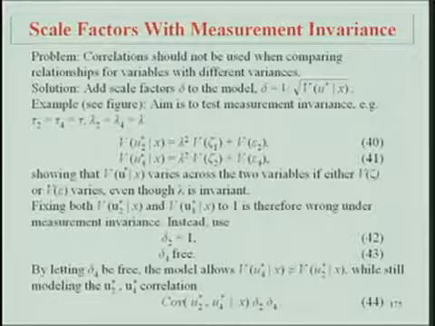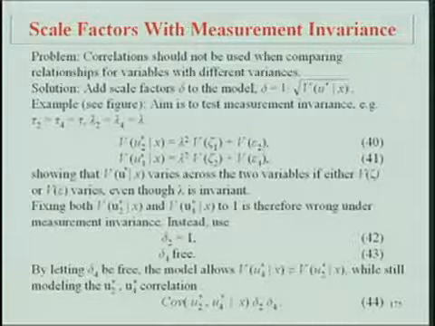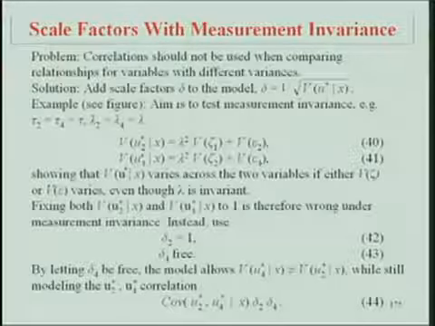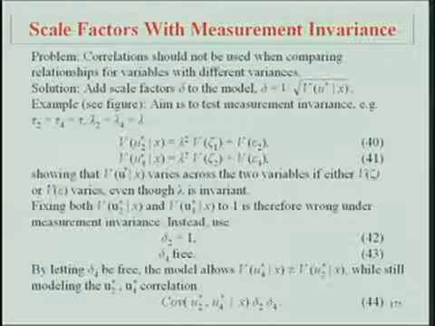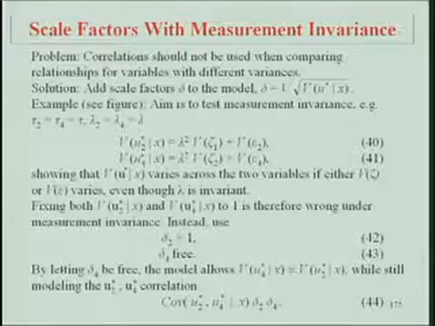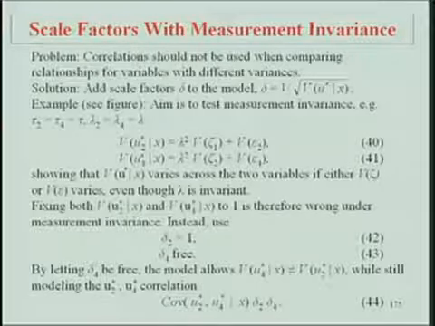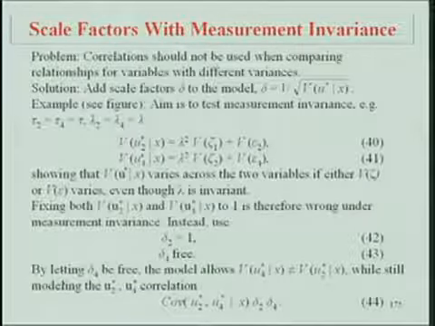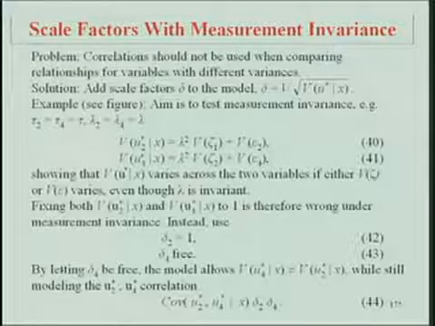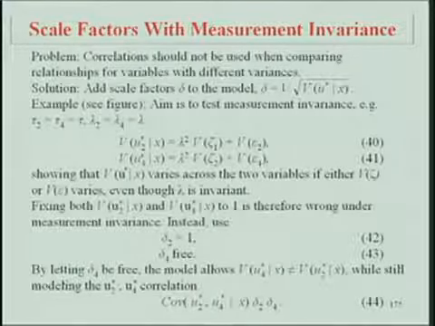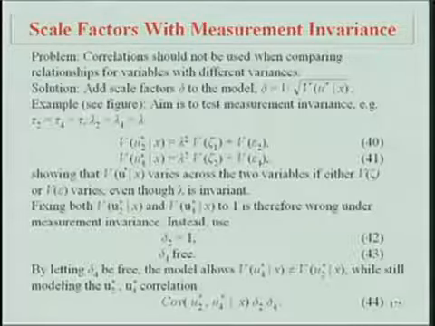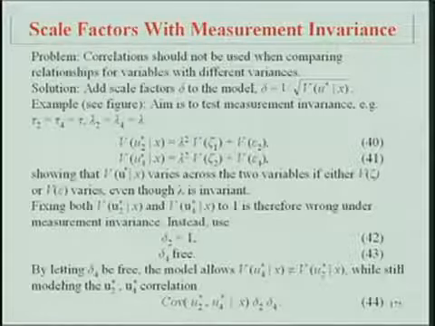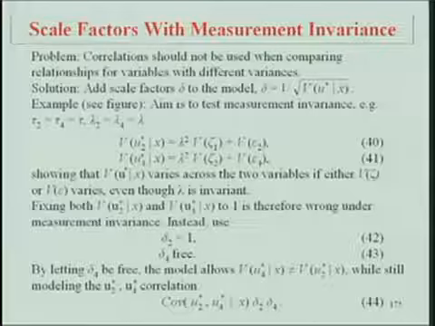Because then you would negate the fact that these variances, the residual variances for the response variables, can change over time as a function of the residual factor variance or the residual variances for the u star variables. So you don't want to force the straitjacket of fixing a variance at 1 at both time points. Instead, you fix it at 1 for the first time point, but estimated for the second.